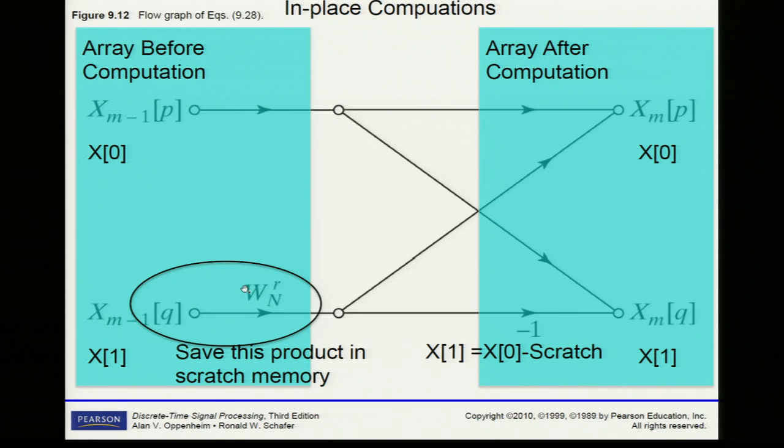Then we multiplied it times this complex weight and put it in our register or scratch memory. Right. The next step was we overwrote the original value in x1. It's gone forever now. Who knows what it was? We replaced it with what's in x0, the element above it, minus what's in the scratch memory. So now this is gone forever. We overwrote it with this.